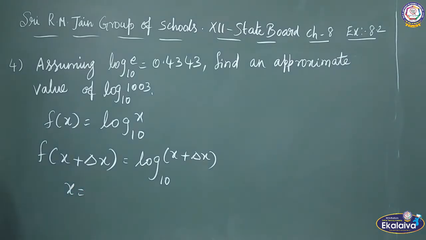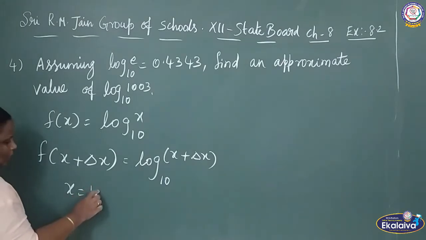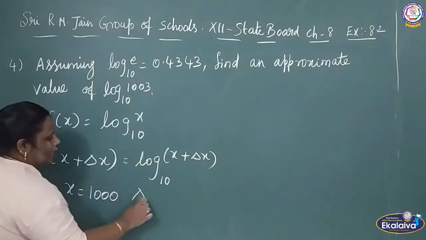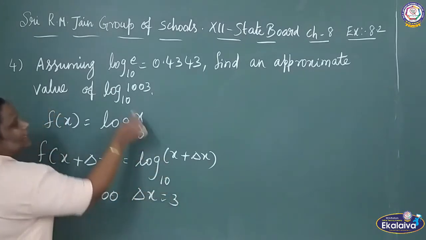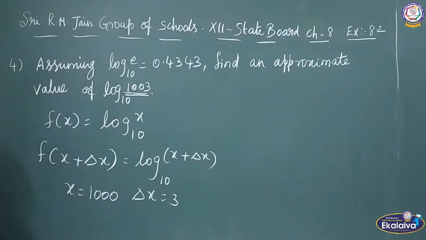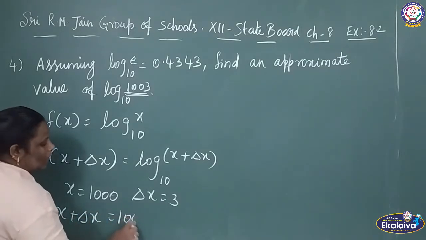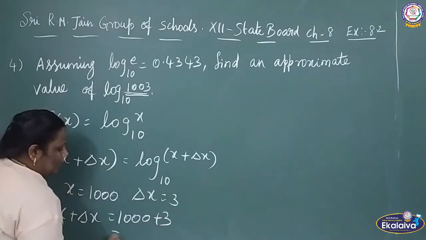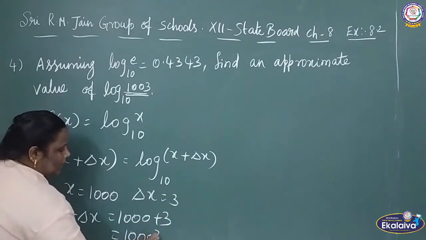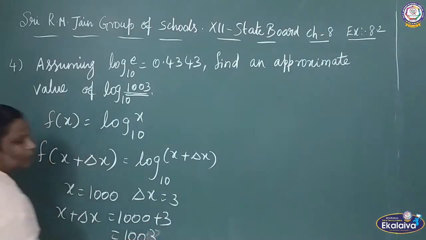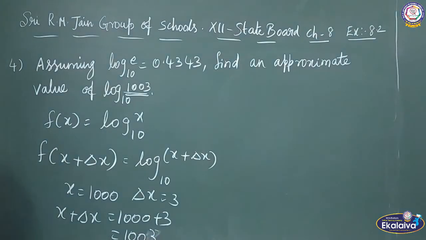X value you can take as 1000 and delta x as 3, because you should find out the value of 1003. So x plus delta x equal to 1000 plus 3 equal to 1003.